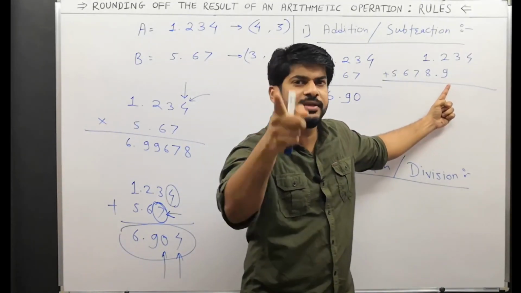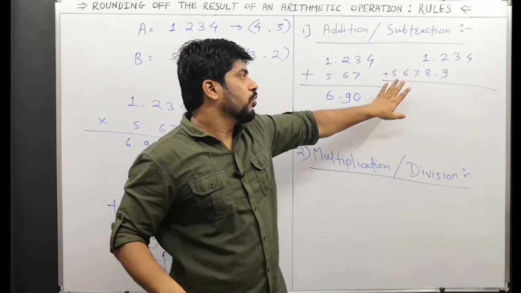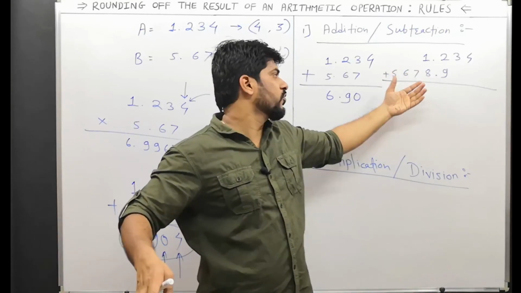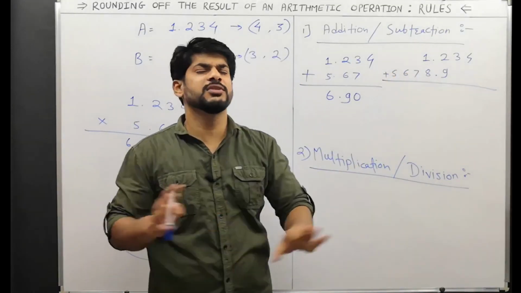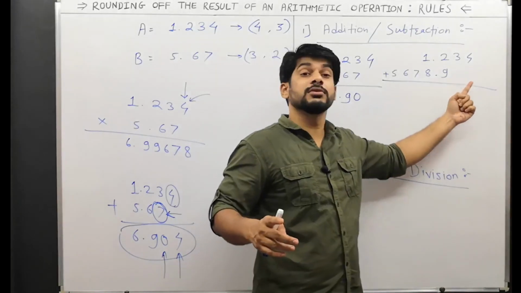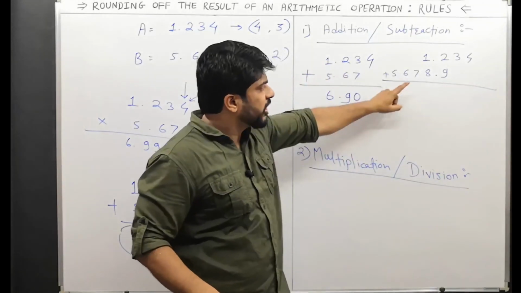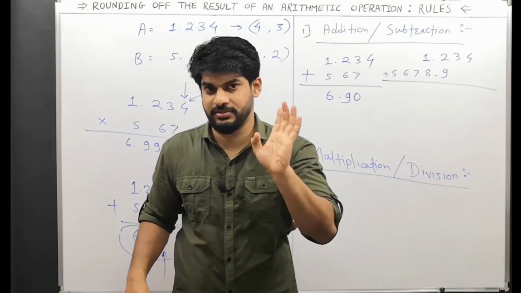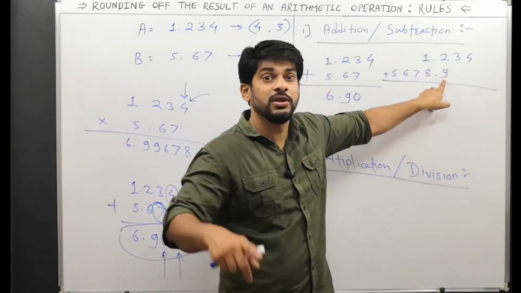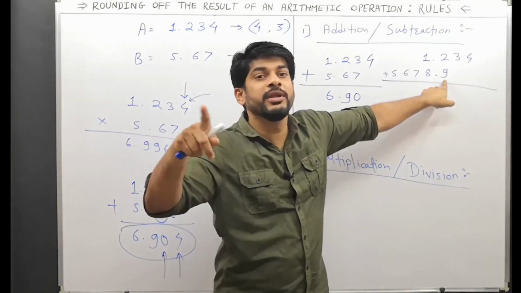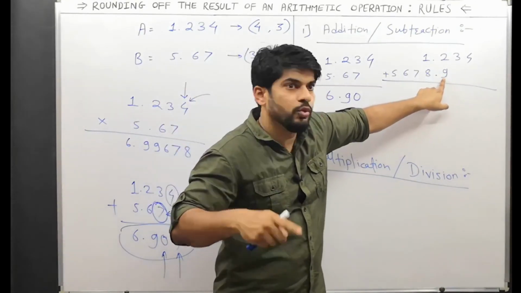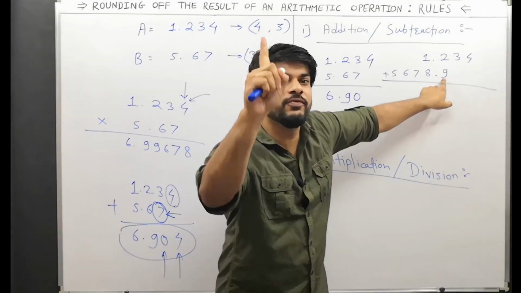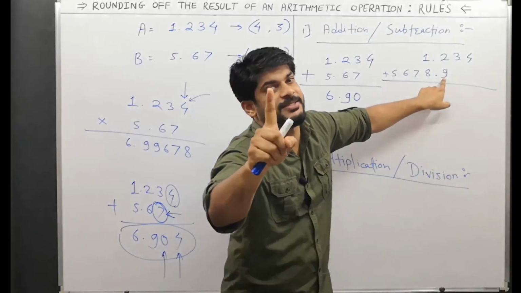Just remember this very carefully. So forget the significant figures here, and just check which number has the least number of decimal places. Only one. So the answer would also contain only one decimal place.